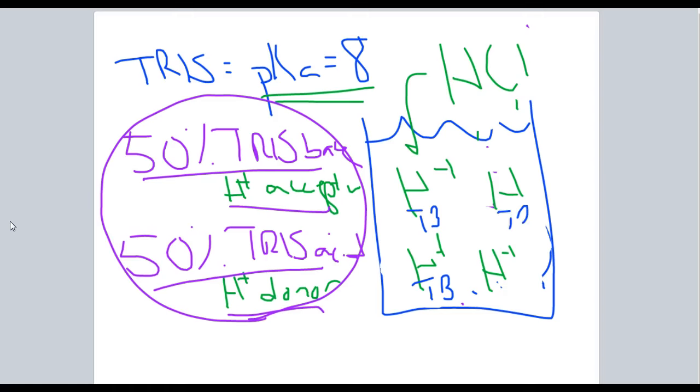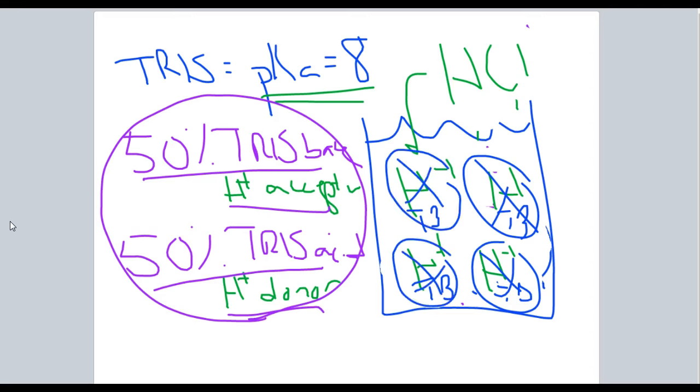All of the tris base has essentially been neutralized and used as a hydrogen acceptor. If we continue to add free proton in the form of hydrochloric acid, there'll be no more tris base to absorb it, and those free protons will remain free. And because they remain free, the pH at that point will begin to crash. It will begin to decrease.